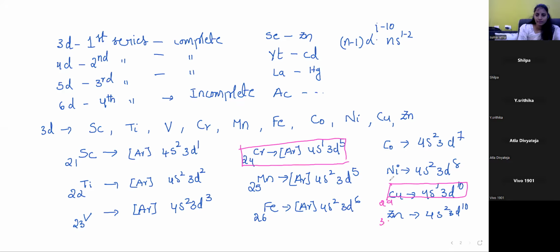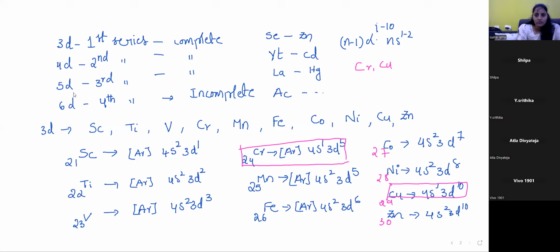This is 30, and this is 28. So listen here, chromium and copper electronic configurations are not excited state electronic configurations. These are ground state electronic configurations only, but we are writing 4s1 3d5 and 4s1 3d10. Why?